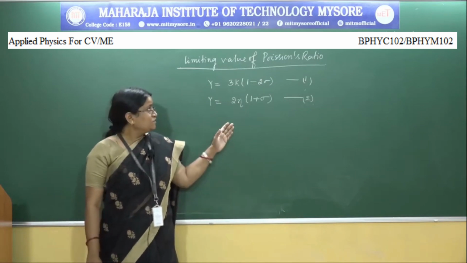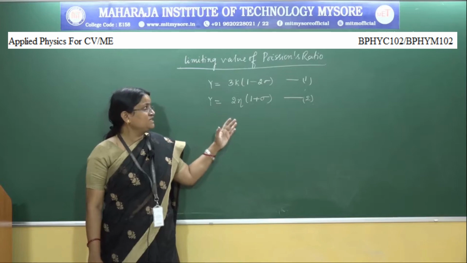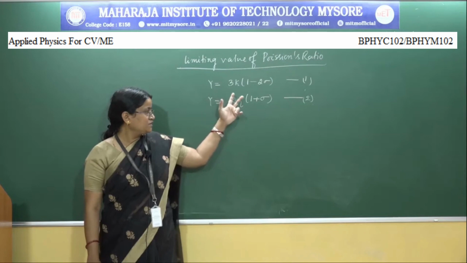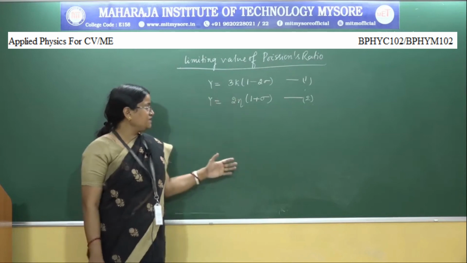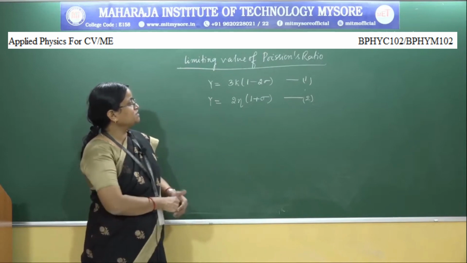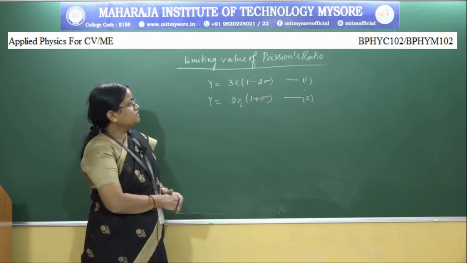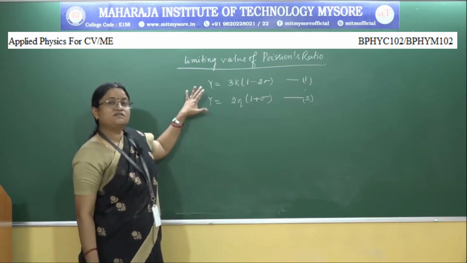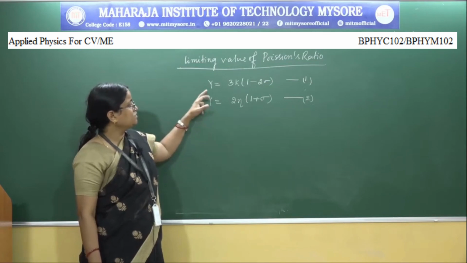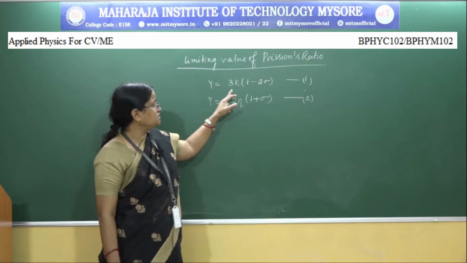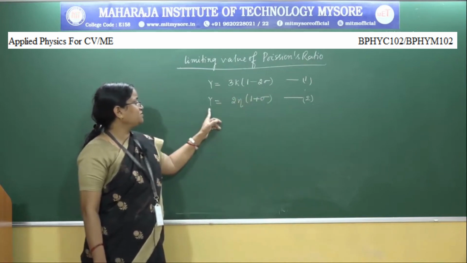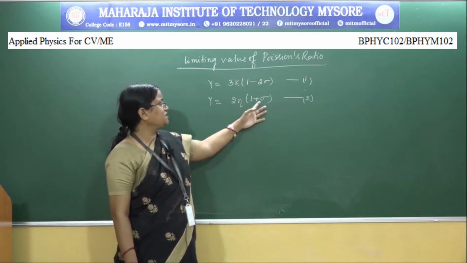So, next we will establish the limiting value of the Poisson ratio. We take the two equations which we derived earlier, while deriving the relation between Young's modulus, rigidity modulus and bulk modulus. Young's modulus is equal to 3k(1 minus 2 sigma), and again Young's modulus is equal to 2 eta(1 plus sigma).